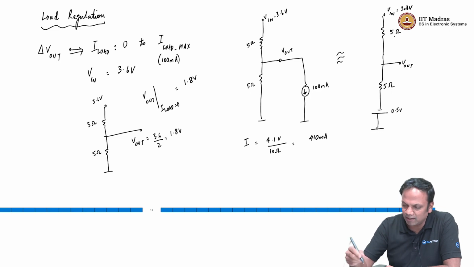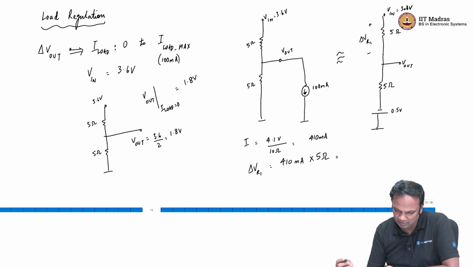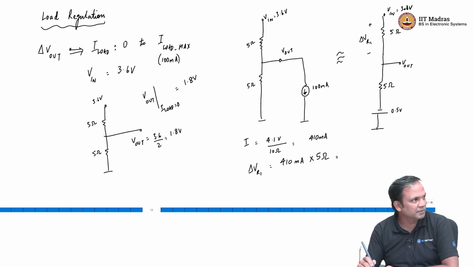So, the drop across the top 5 ohm resistor, let us say we call it just delta V R1. Delta V R1 is 410 milliamp into 5 ohms, right. So, I will get millivolt when I multiply, no? So far so good, right?